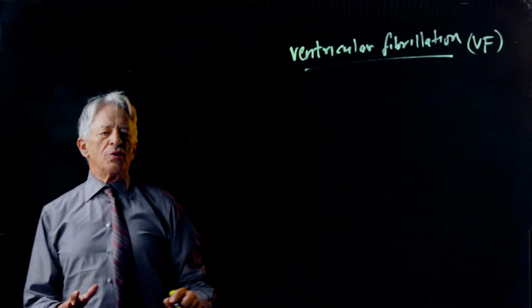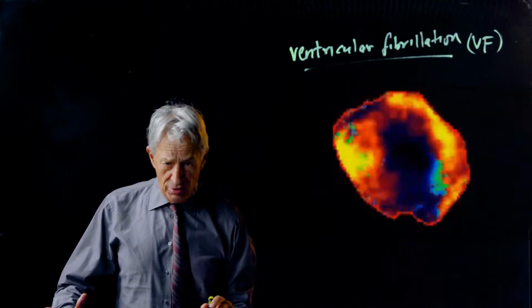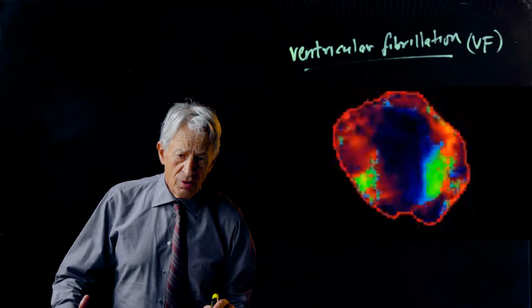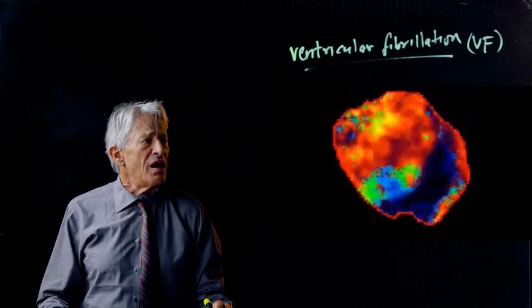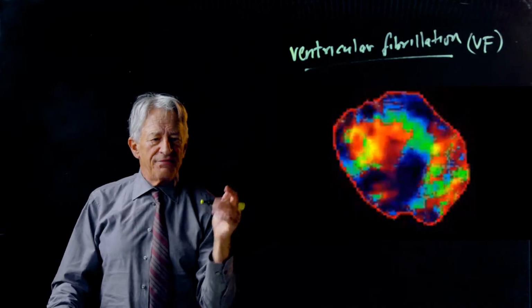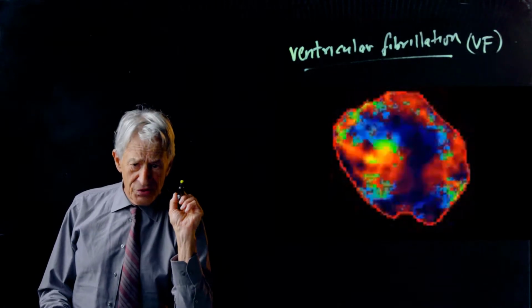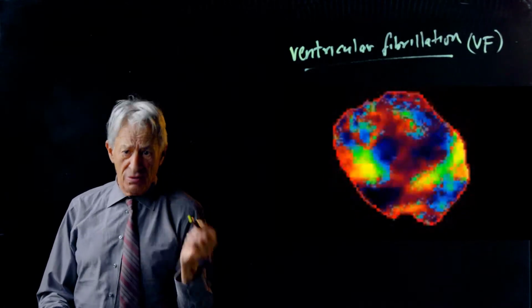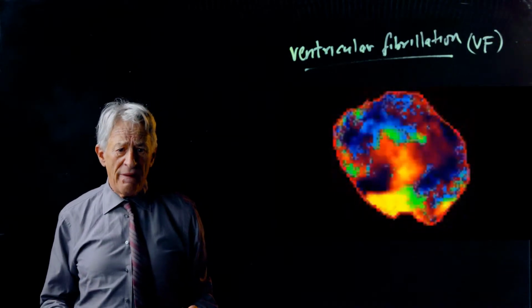Well, let me show you a movie of VF in an animal heart recorded by our colleague T.J. Wu in Taiwan. This is a voltage-sensitive dye recording. So the dye is recording the voltage underneath it. So you're seeing the voltage of the cells.